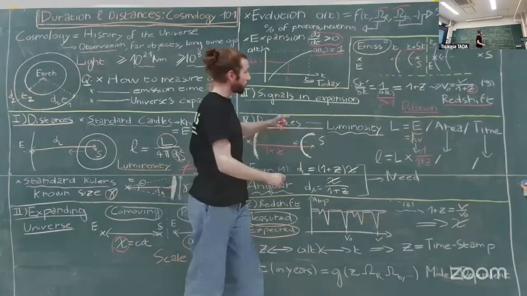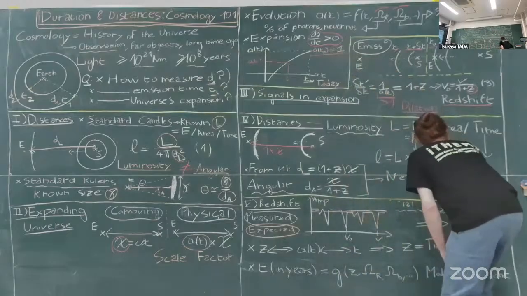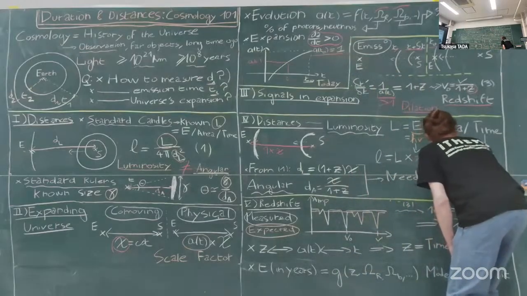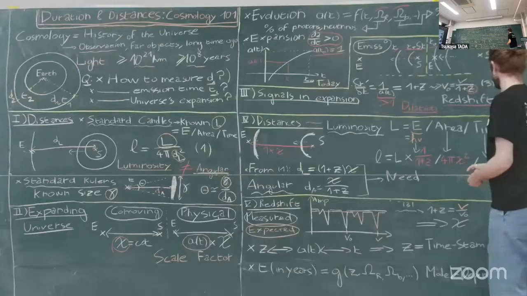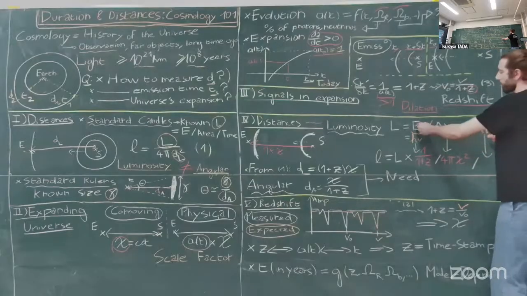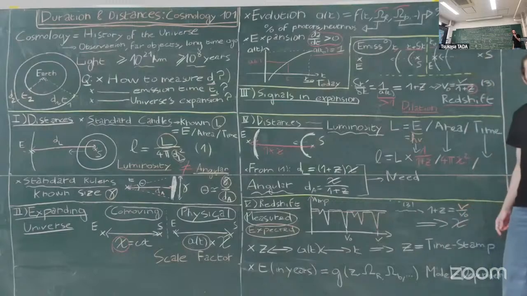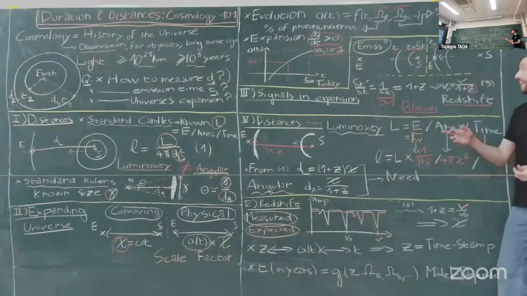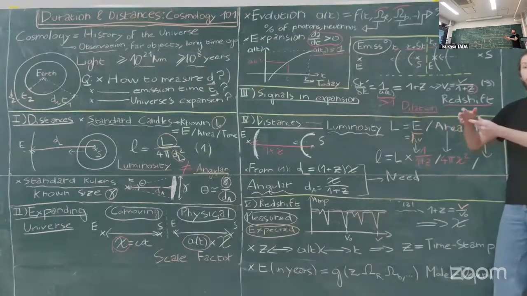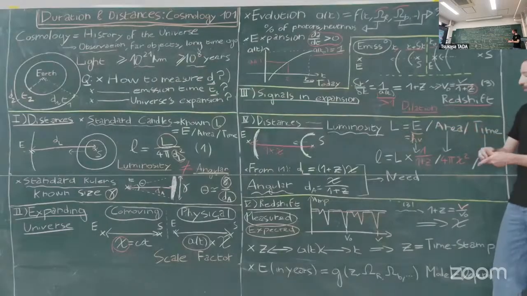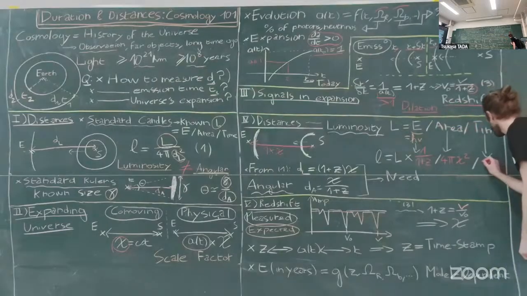And so the area of the sphere is going to be 4 pi chi squared. Finally, this amount of light was sent over a certain duration delta t at emission, and the time over which we are going to receive it is dilated. So we're going to receive the same energy, the same photons, over a longer amount of time, longer by a factor 1 plus z.